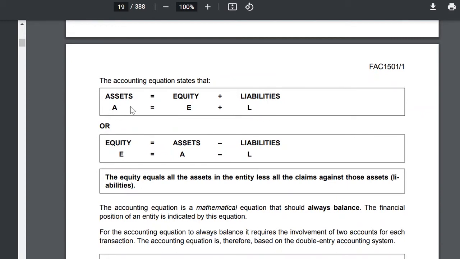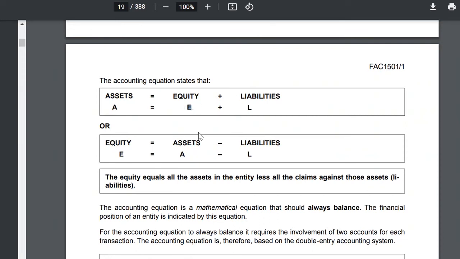So in this case, for Walton's, the accounts involved were asset and income. We said asset is increasing and income is increasing. So when you do the accounting equation, it's gonna be plus 5,000 under asset, plus 5,000 under equity.